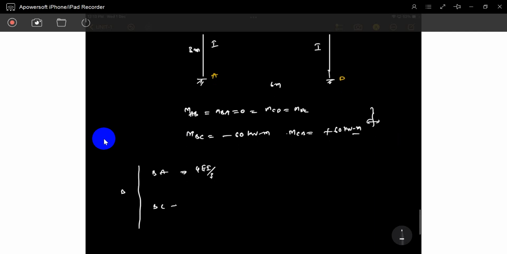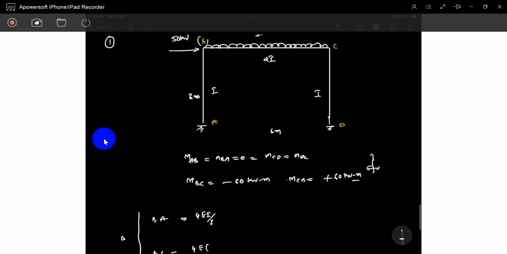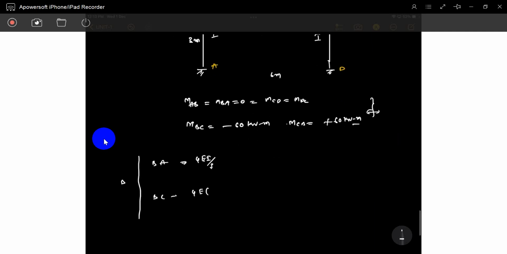BC is 4E with 2I, divided by 6. What will you get? Same thing, 4EI by 3 and 4EI by 3. So that's 8EI by 3. So 1 by 2, 1 by 2. These are the distribution factors.